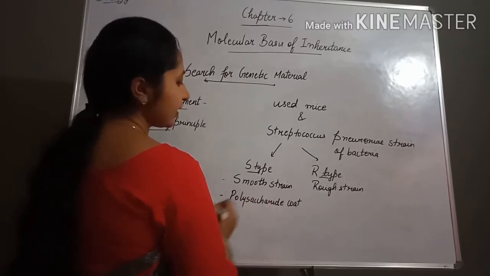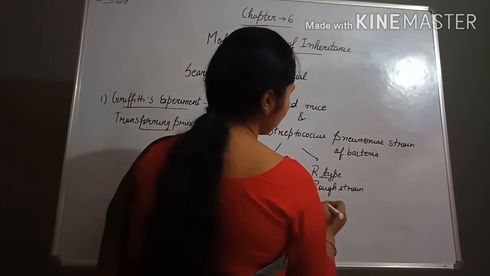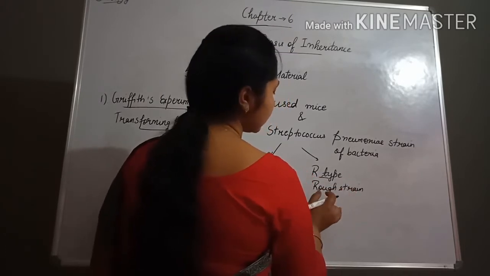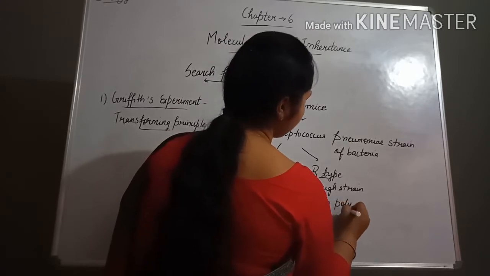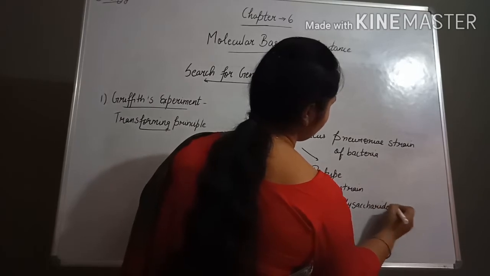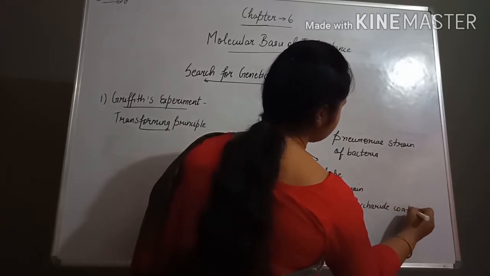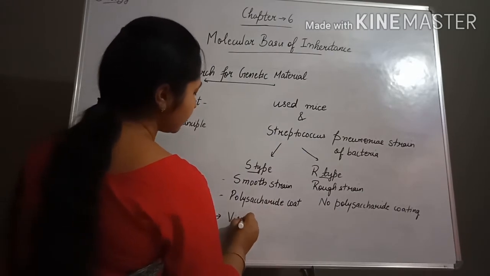In the rough strain, no smooth coat is present, the surface is rough, so no polysaccharide coating is present, and this is the virulent strain.